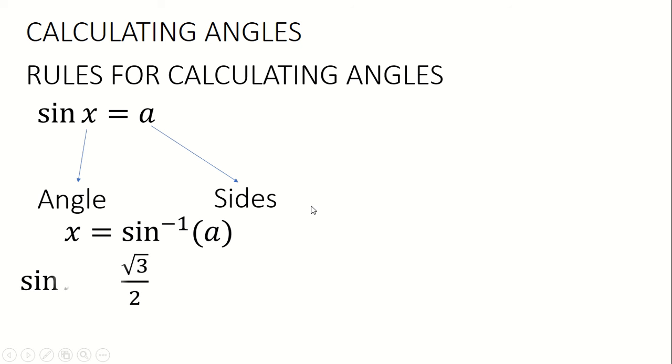All right, let me just quickly do an example. Let's say the ratio of your sides is the square root of 3 over 2. Remember that square root of 3 is your opposite and 2 will be your hypotenuse. Please remember that your opposite and adjacent may not be greater than your hypotenuse.